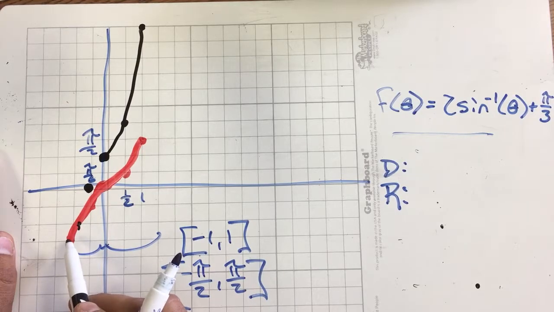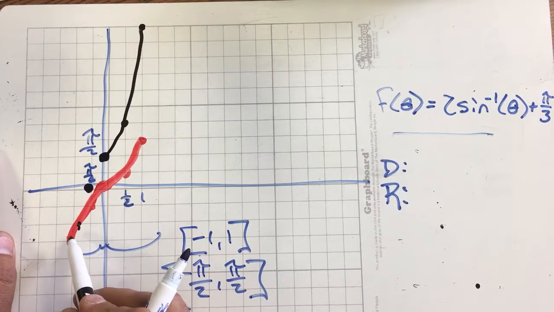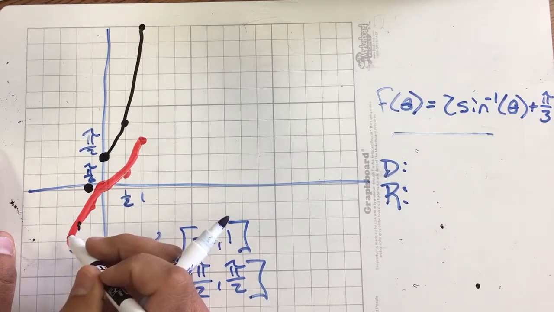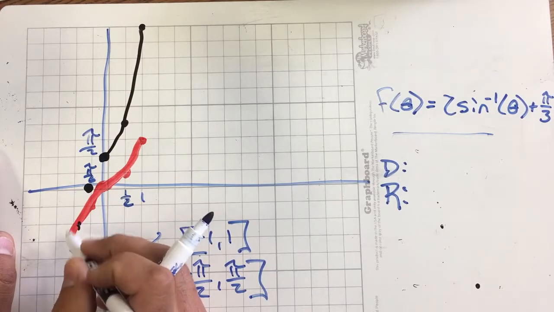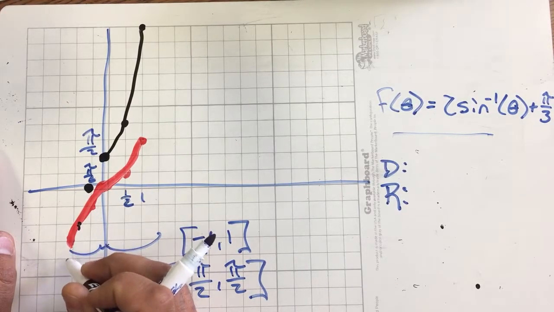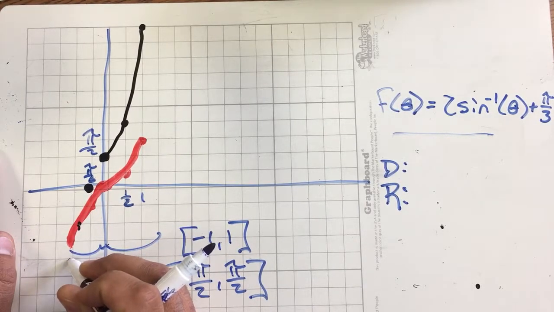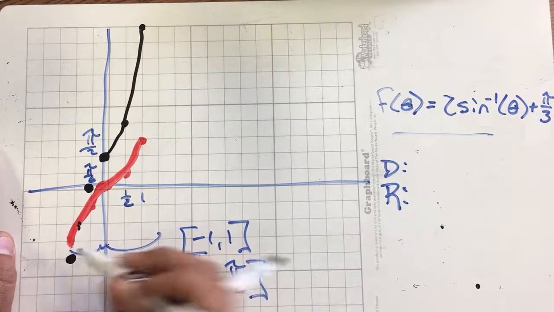This is negative pi over 2 times 2 is negative pi. Plus pi over 3 is going to be negative 2 pi over 3, which is going to be right here.